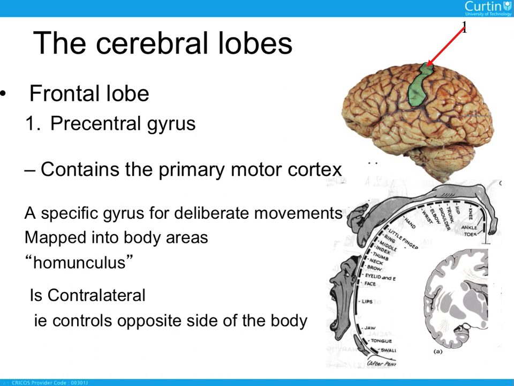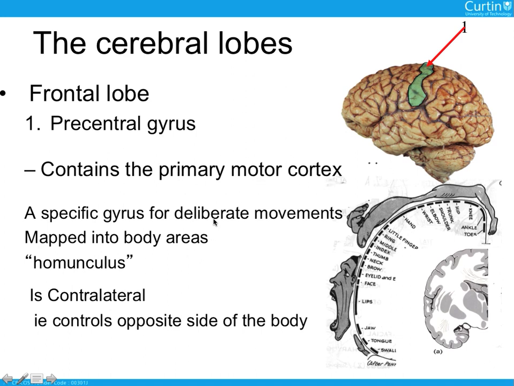The precentral gyrus contains a named cortex. A gyrus is just this hill, but within a gyrus you can have areas of the cerebral cortex that are defined to a particular function. The cortex located here on the precentral gyrus is the primary motor cortex.